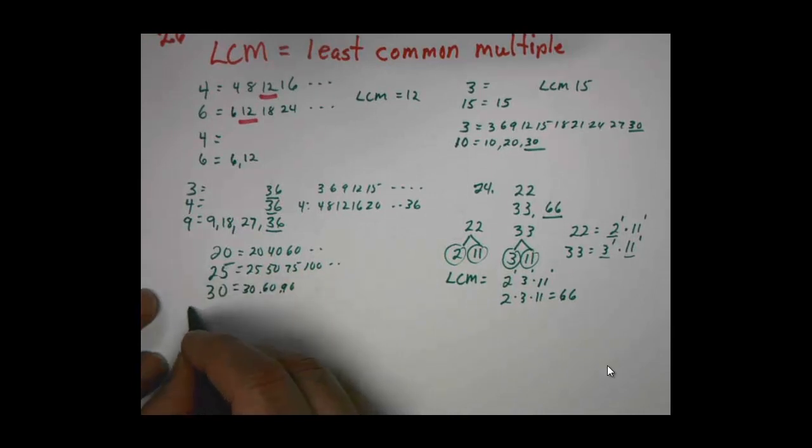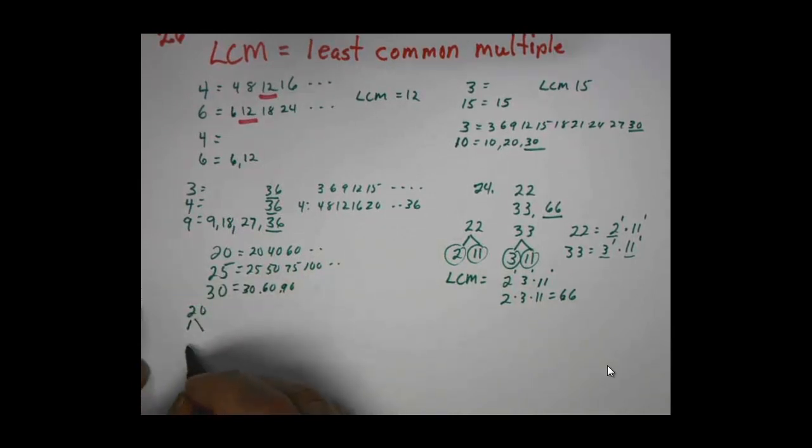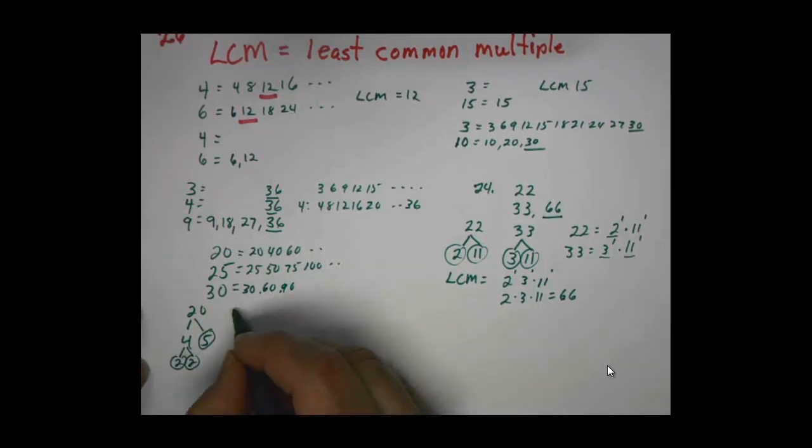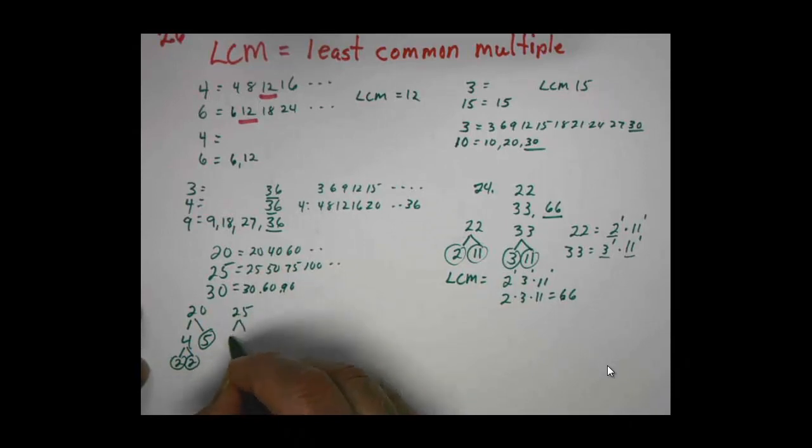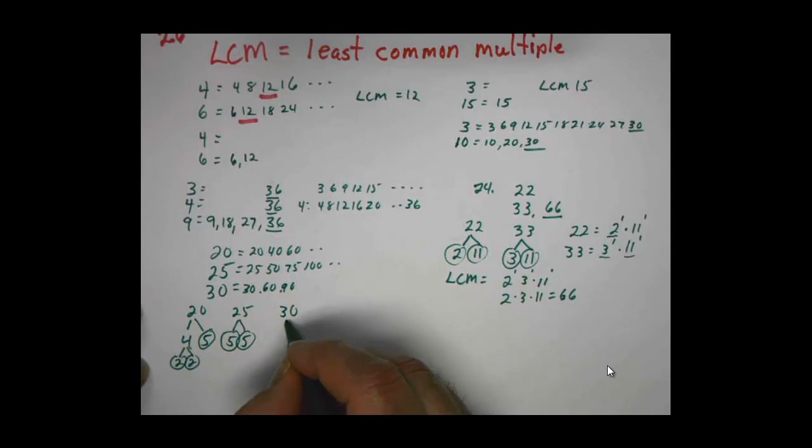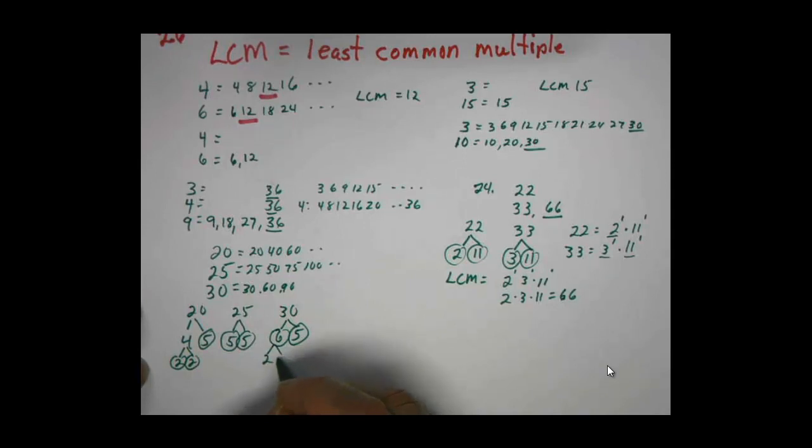So let's prime factor 20 first. So that's going to be a 4 and a 5, and a 2 and a 2. 25 is going to be 5 and 5. And 30 is going to be 5, which is prime, and 6, which is not, so it's a tree.